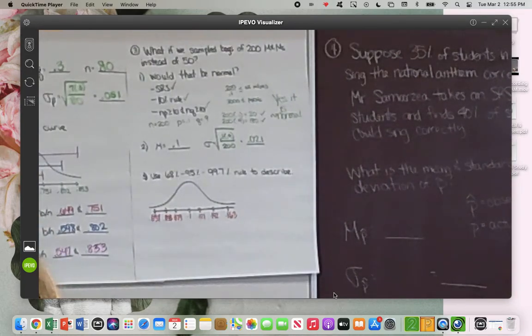You've got 0.1 in the middle, and then going to the right, what are those values? 0.121, 0.142, and 0.163. And then going backwards, 0.079, 0.058, and 0.037.